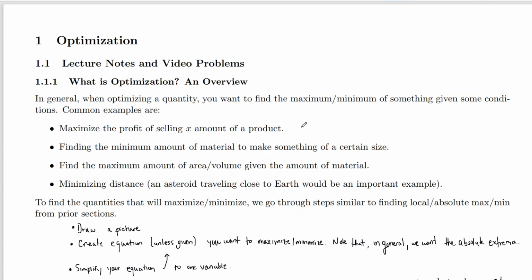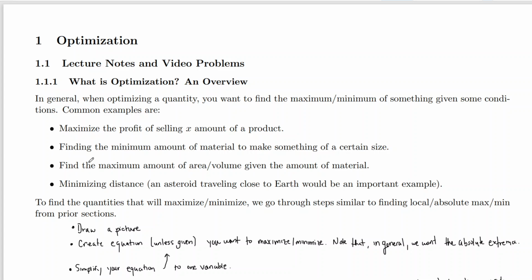Figuring out the profit function is very challenging, and since this isn't really a business class, we're not going to go over these examples. In general, when you optimize, you figure out an equation and then you do what we did in the previous parts of this class. We find the absolute maximum, absolute minimum, whatever we want to do with that function.